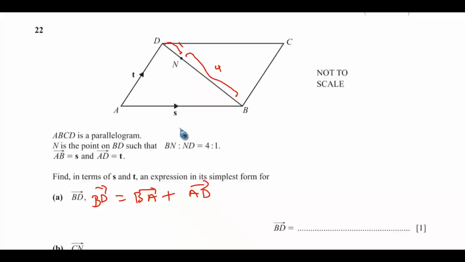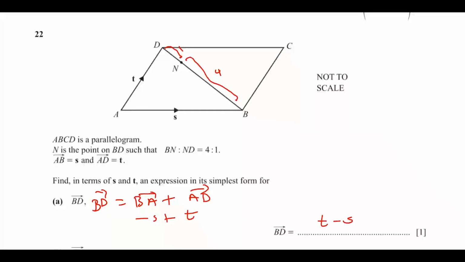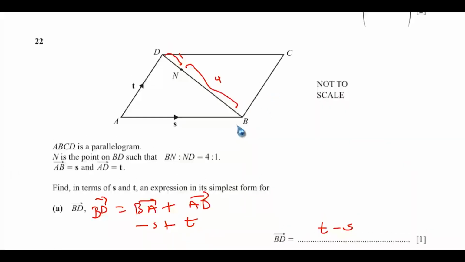AB is S, so BA will be negative S, plus AD is T, so we can write this as T minus S. So the next one will be CN. CN will be equal to CB plus BN. Okay, so this is what you want to get. Let me draw a line like this. So it will be CB plus BN.